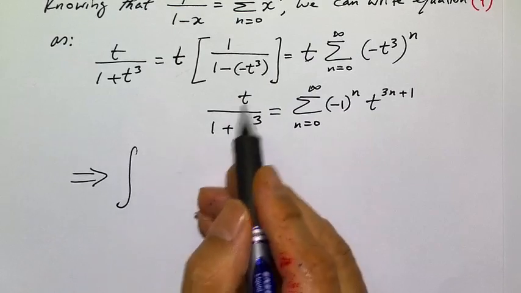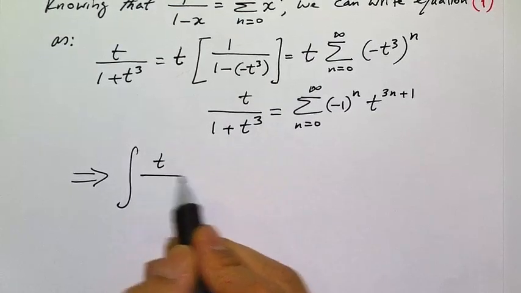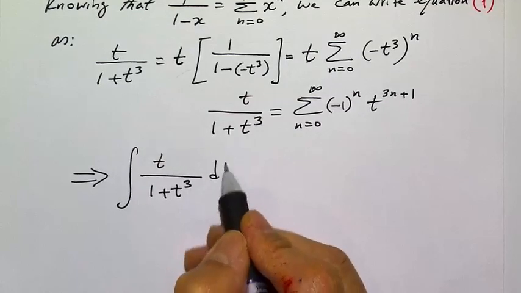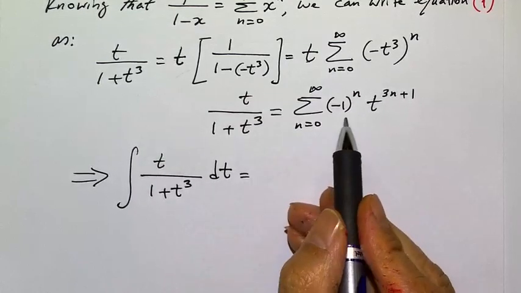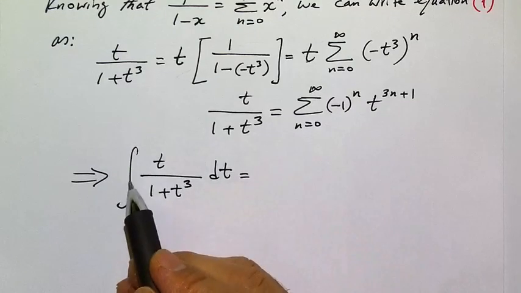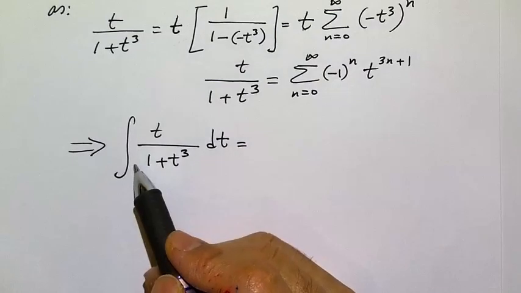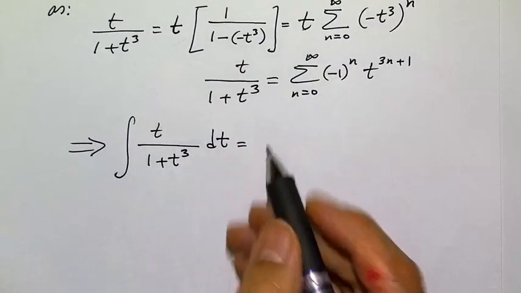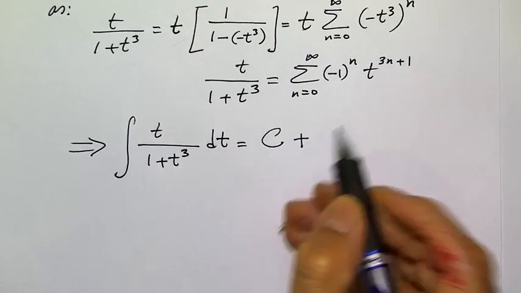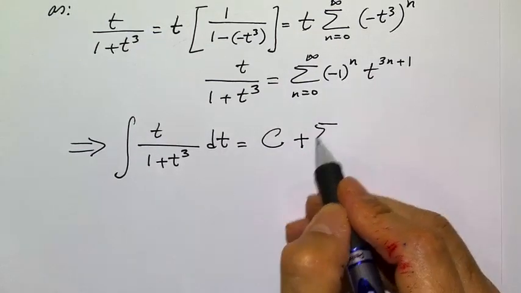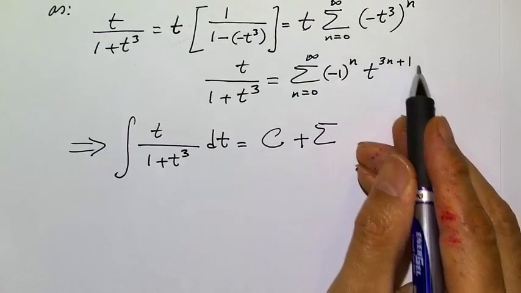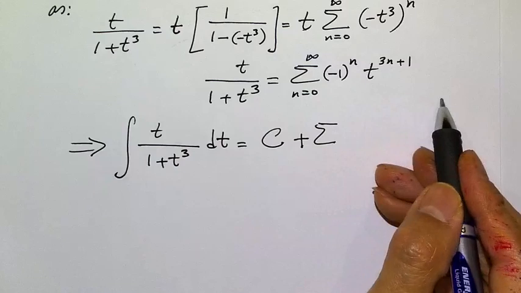Thus, the integral of the left side, which is what we have, dt, would be the integral of that. Of course, because this is an indefinite integral, the rules apply here, so for the series part we're going to get a constant, right? Plus then this will be t to the 3n plus 2 divided by 3n plus 2.